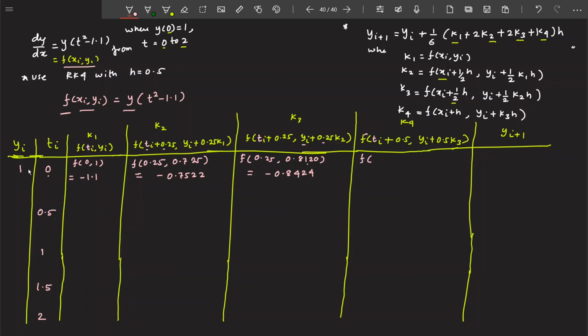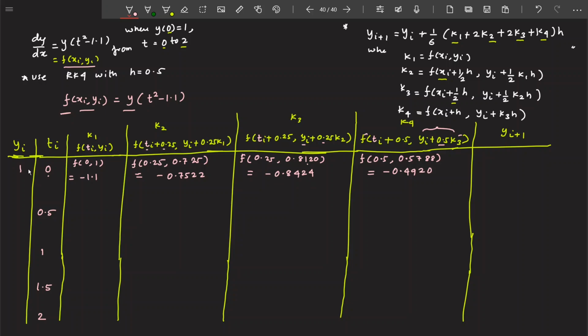Now the last evaluation is k4. Again ti is 0 plus 0.5 is 0.5, and yi is 1 plus 0.5 into k3. K3 is minus 0.8424. If you do this calculation, you'll find out that this value is 0.5788, and the value of k4 that you are getting is minus 0.4920.